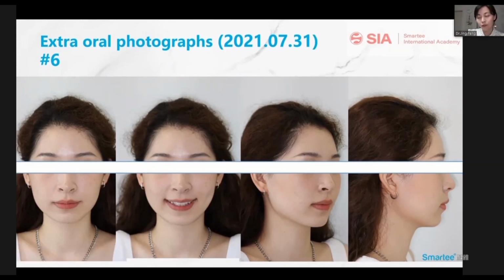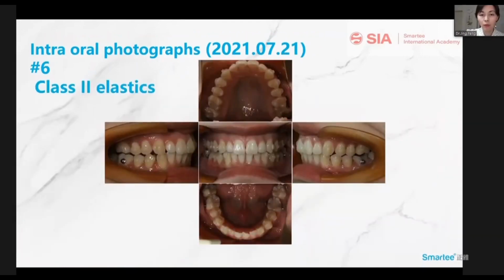And the curve of the nasolabial and mentolabial angle is very smooth. Intraoral photographs, still some open bites and some space. Midline is almost on, and still a little crowding left.